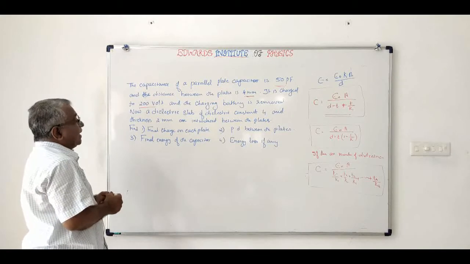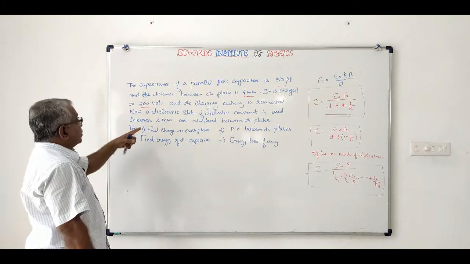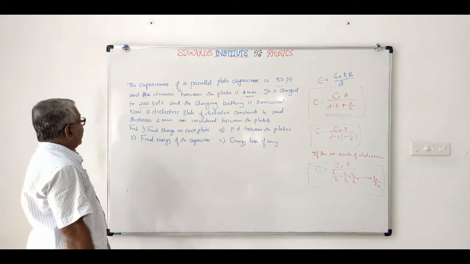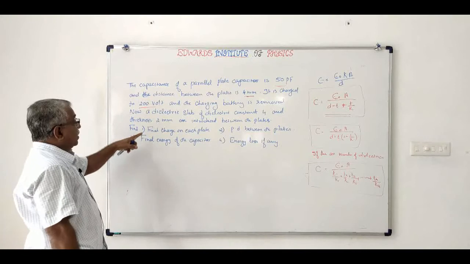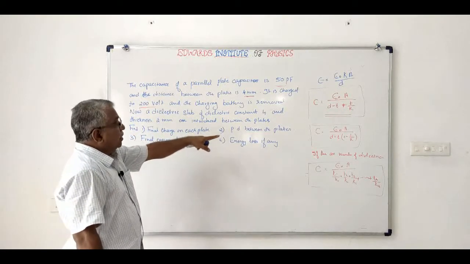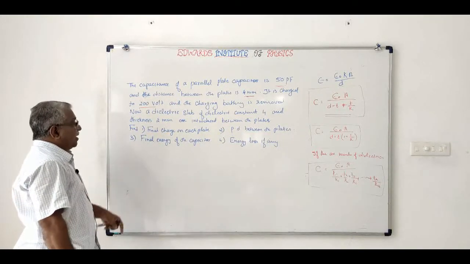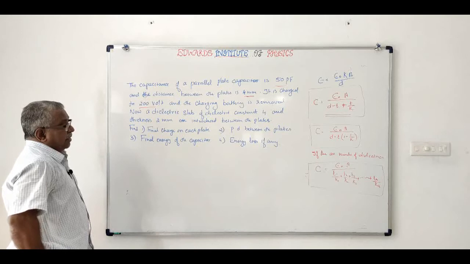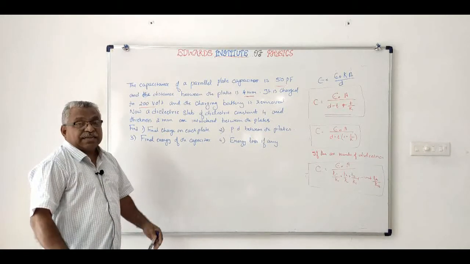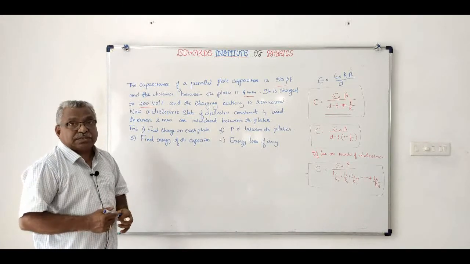Now a dielectric slab of dielectric constant 4 and thickness 2 millimeter is introduced between the plates. Find 1. The final charge on each plate. 2. The potential difference between the plates. 3. Final energy of the capacitor. 4. Energy loss, if any. If there is an energy loss, how much energy is lost?